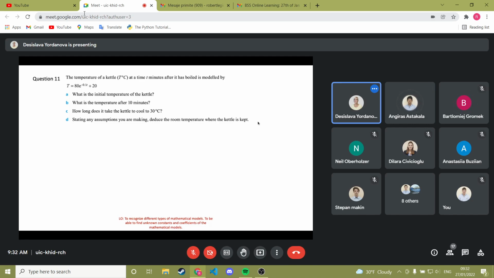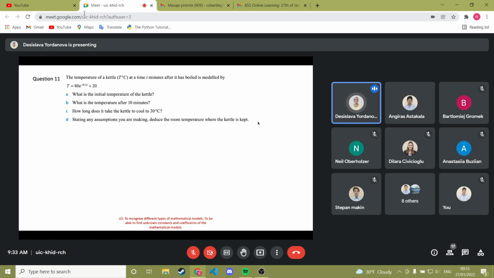Is it not right? The others, what do you think? I got the same value. Okay, so it is. My bad. Sorry. So we find it when we substitute t by 10. Right?